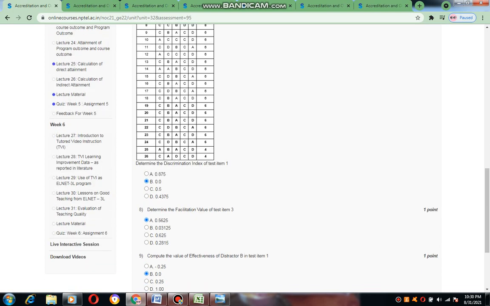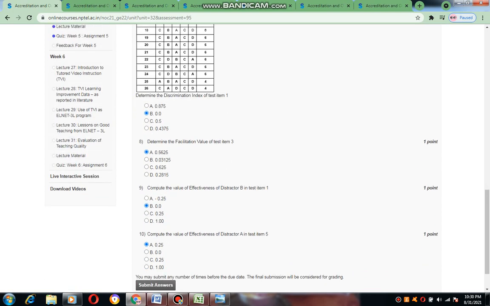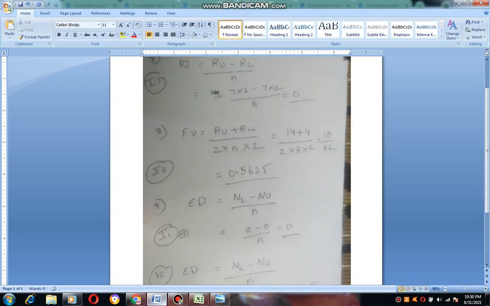Coming to the second one, what is the facilitation value for test item 3? What is the formula for facilitation value? FV is equal to the total marks obtained in RU plus RL, that is the upper group and lower group, divided by 2 into group size into the number of marks for each question.